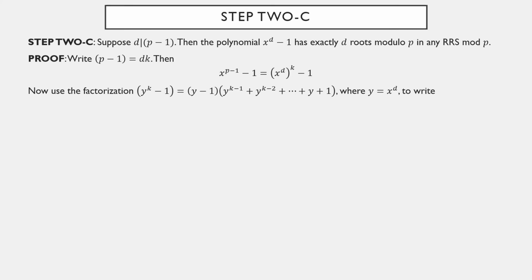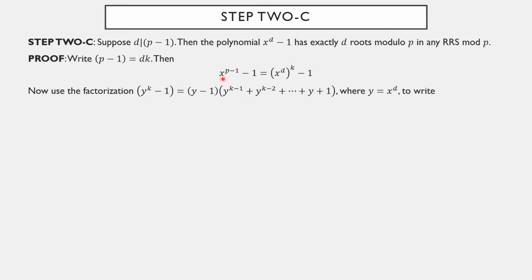Now we're going to use a factorization trick that we've used on the previous slide. Y to the k minus a constant to the k, notice 1 is the same as 1 to the k. A y minus 1 can be factored out, leaving behind all of this. Okay, now specifically, we're going to use y is equal to x to the d, because observe, I now have y to the k minus 1. Y to the k minus 1 can be factored like this.